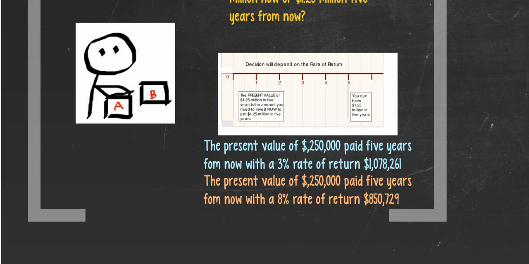That's less than $1 million. I'd rather take the $1 million, because I can invest it and end up with more than $1.25 million in 5 years. But if I have to work with a lower rate of return, let's say 3%, then maybe I'm better off waiting, because the present value of $1.25 million after 5 years with a 3% rate of return is more than $1 million. So this is how we use present value.